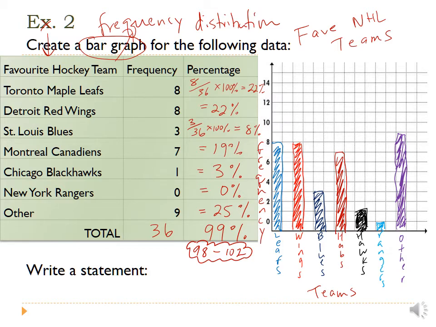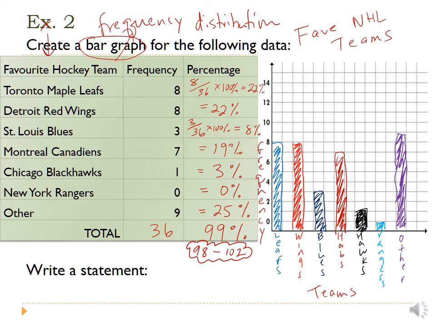So you could say stuff like, the Rangers were the least liked team. You could say the most people liked a team other than what was mentioned. You could go above and beyond and say something like 8 plus 8 is 16, plus 9 is 25. You could say 25 out of 36 people like the Leafs, the Wings, or another team.